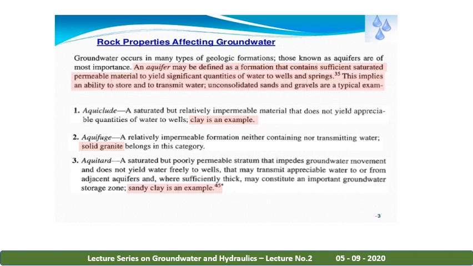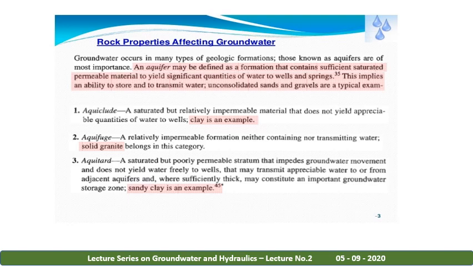So here the importance of aquifers plays an important role: a formation which contains groundwater and at the same time is significantly permeable to transmit and yield water in usable quantities is called an aquifer.